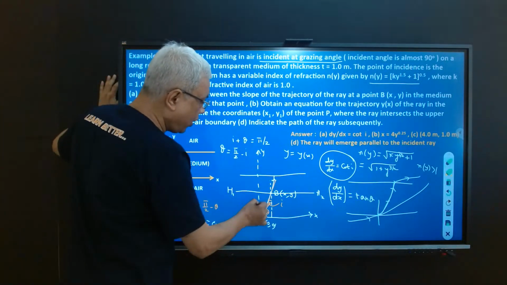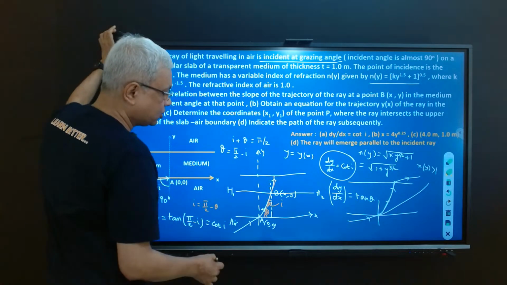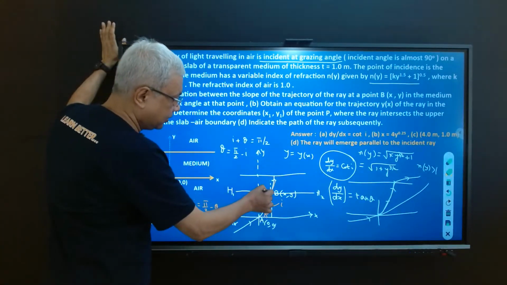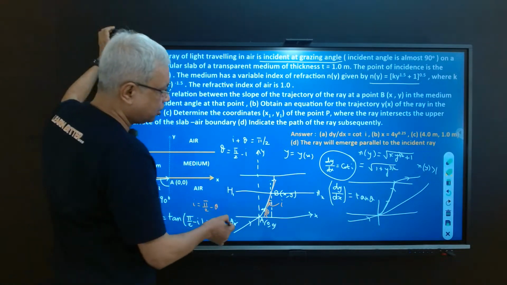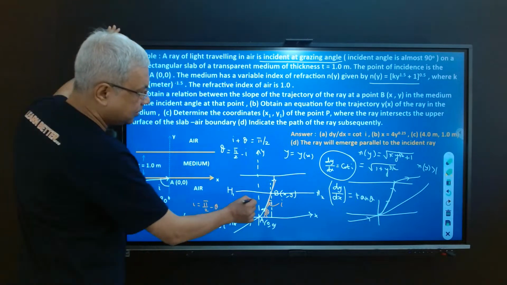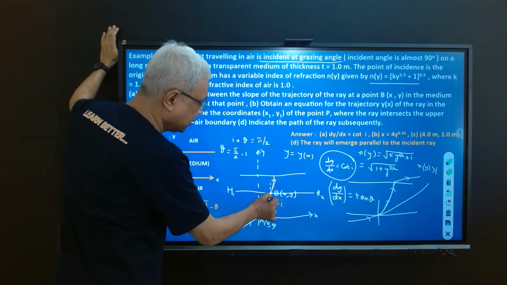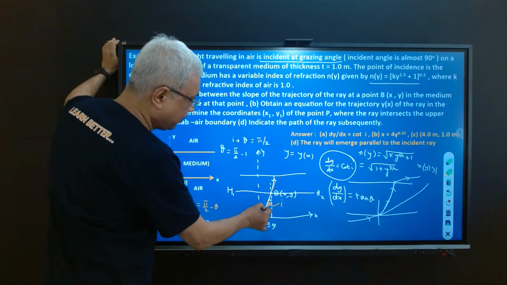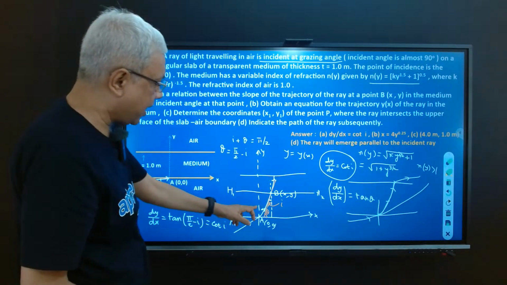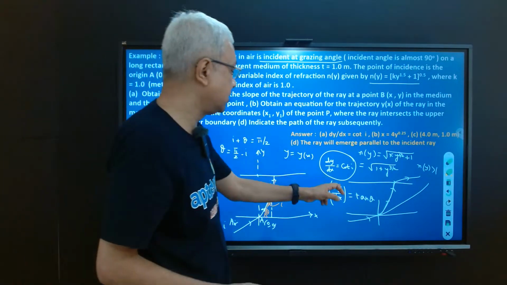Now, if I draw a tangent to the trajectory at the point B(x, y), then that direction of tangent actually indicates the direction of the incident ray, and this incident ray makes an angle I with the normal. So this much angle is the angle of incidence, and whatever angle the tangent makes with the x-axis, if you call it theta, then tan theta is nothing but dy/dx.